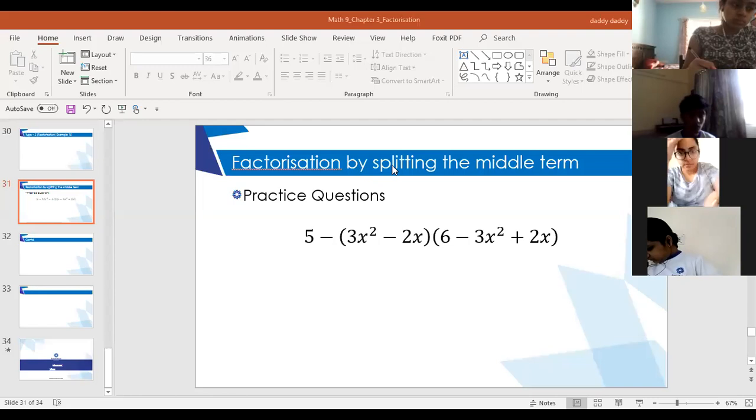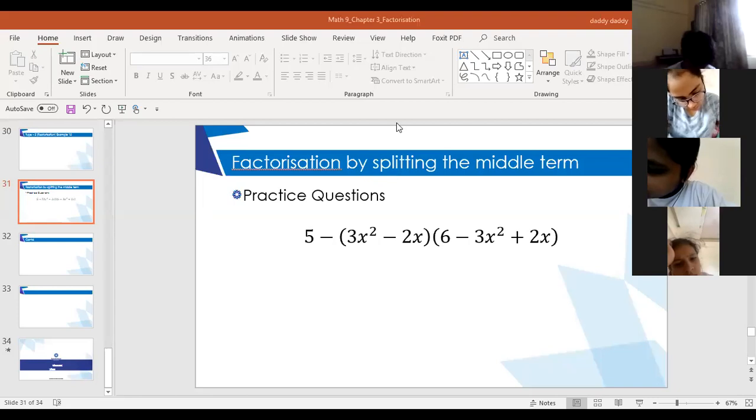Tell me the answer for this. First, we will assume that 3x square minus 2x is x.